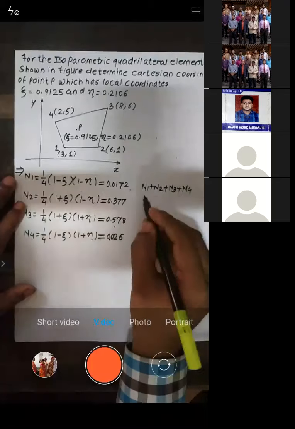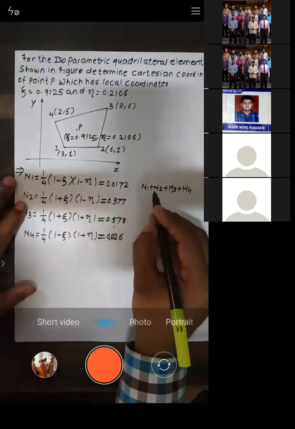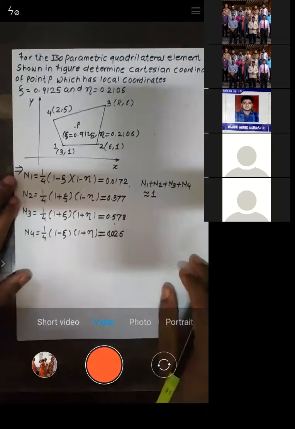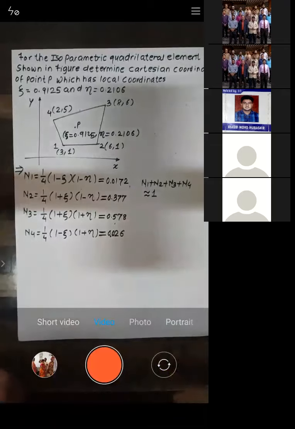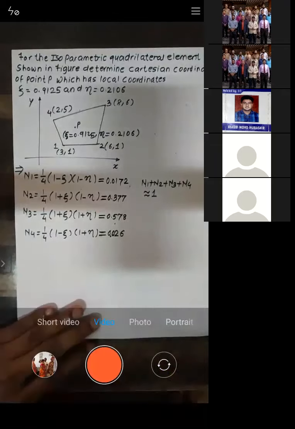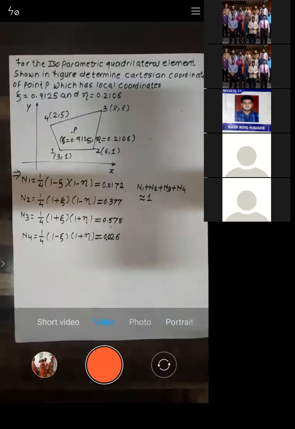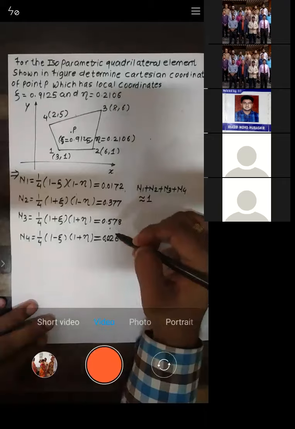How much are you getting? 0.9986, which is approximately equal to 1. Is it okay? So the addition of the shape functions is coming equal to 1, so whatever values of the shape functions that we got are correct.